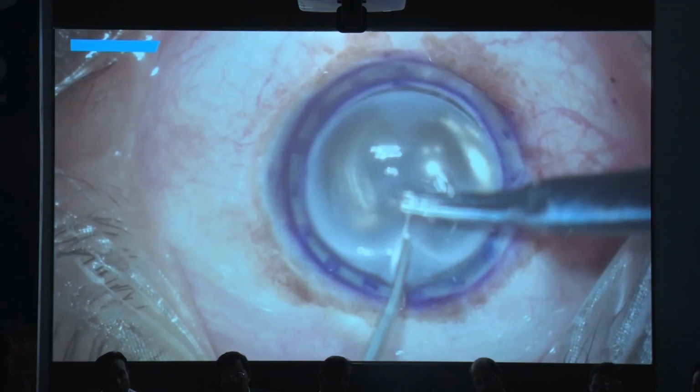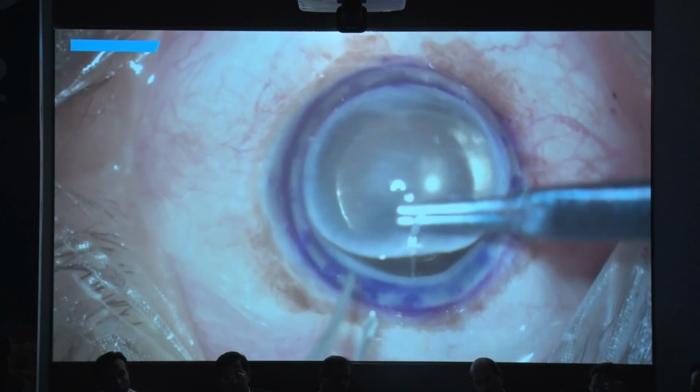The 8.5 mm donor cornea is secured using 10-0 nylon interrupted suture.